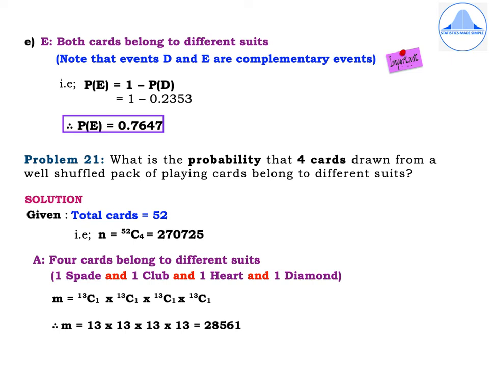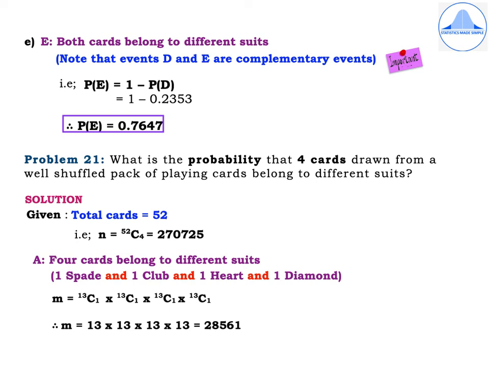That means it is one card of each suit. So within brackets I have specified that it is one spade and one club and one heart and one diamond. And here "and" in probability means multiplication. So M is equal to 1 spade. There are 13 spades and you have to choose one. So it is 13C1 and is into.